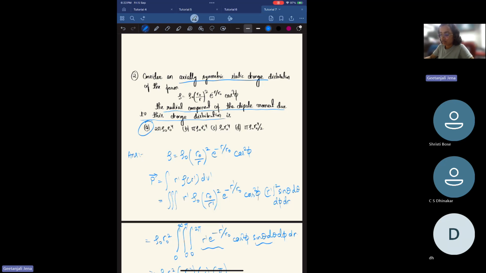R0 is like a constant, it's not a limit for the radius. But because in the question the limit was not given, for the sphere, whenever the radius is not given, you can take the limit as infinity. If it is given, then you have to take that particular value, but if it is not given, then you can take infinity.